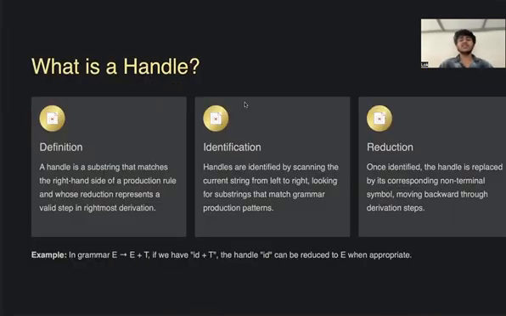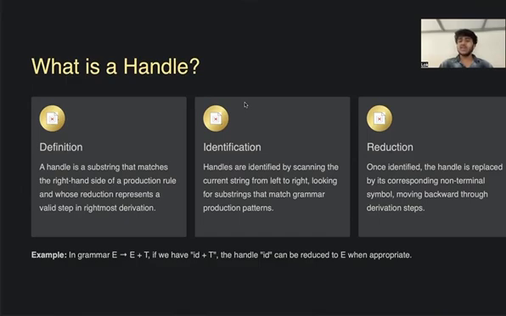And in slide 3, we discuss what is a handle. Basically, a handle is a substring of a sentence that matches the right-hand side of a grammar rule and can be reduced. There are three main parts. The first one is definition: a handle is a reducible part of a string. The second thing is identification: we scan the string to find such patterns.